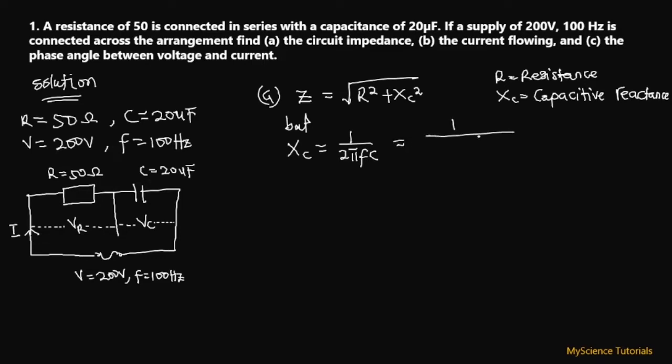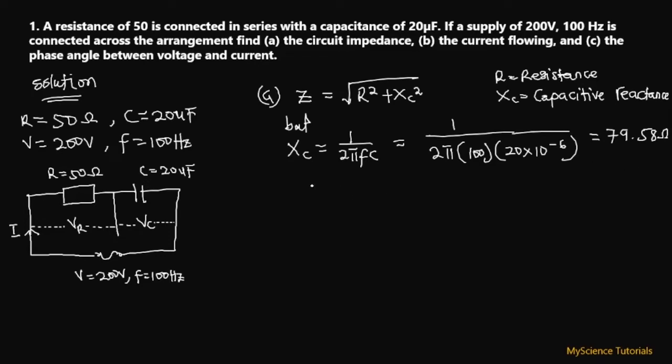So if we do the substitution, we have 2 pi, our frequency is 100 hertz, and our capacitance of the capacitor is 20 microfarad, so we have 20 times 10 to the power negative 6. Okay, so if we compute everything into our calculator, our capacitive reactance is going to be equal to 79.58 ohms as our answer.